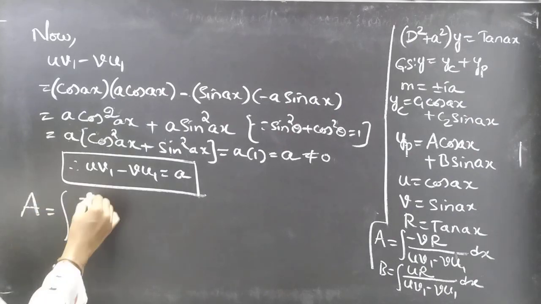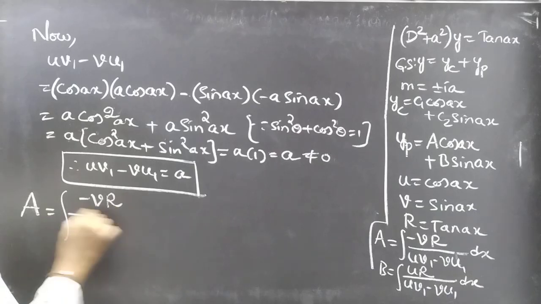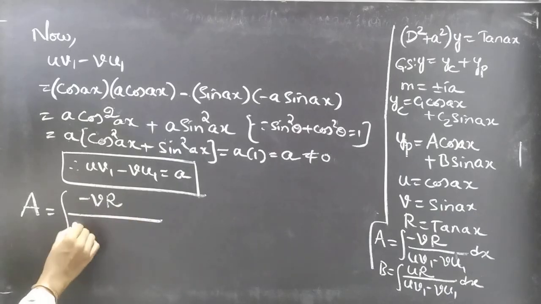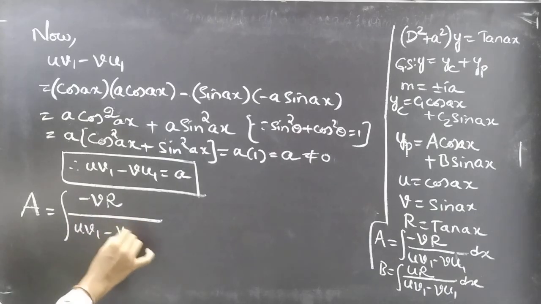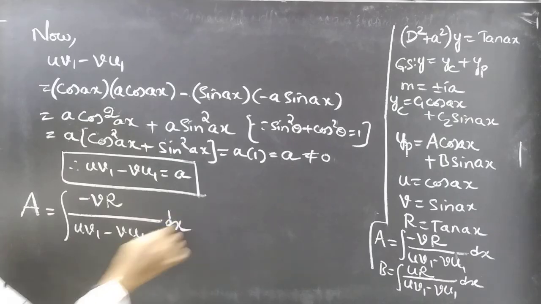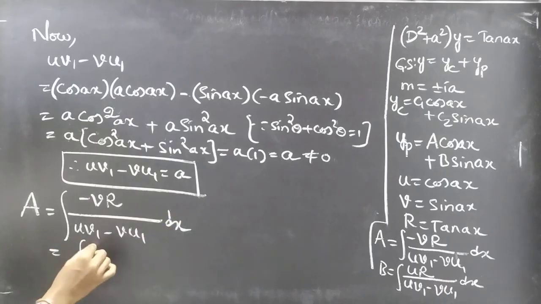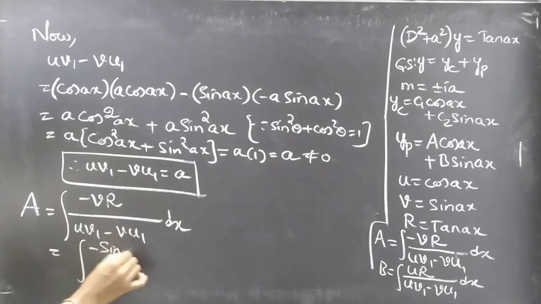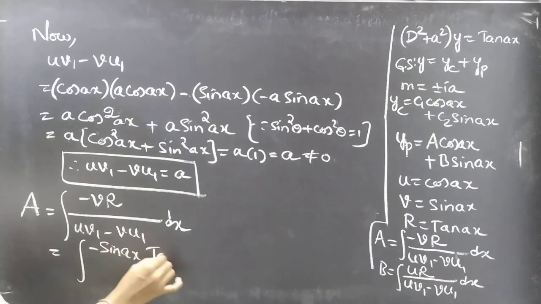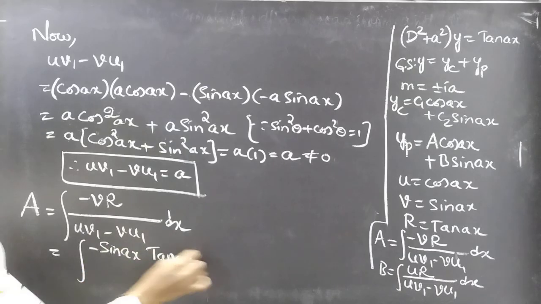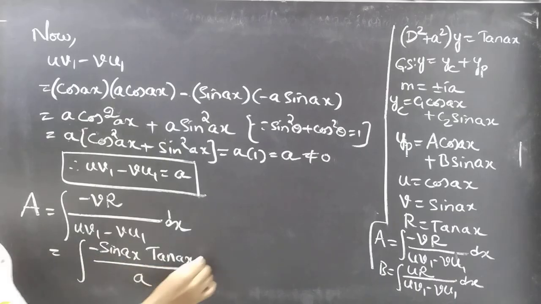First we'll find A, which is given by integral of minus vr by uv1 minus vu1 into dx. This is equal to integral minus v, v is sin ax, into r, tan ax, by a into dx.